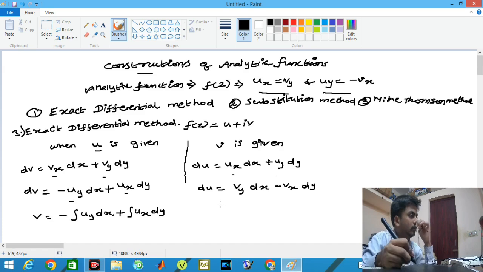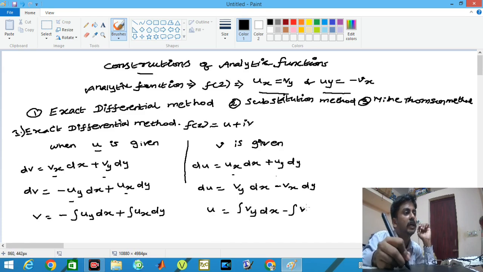In the same way, integrating on both sides, you get u equal to integral vy dx minus integral vx dy.